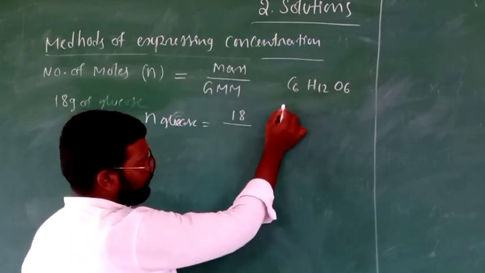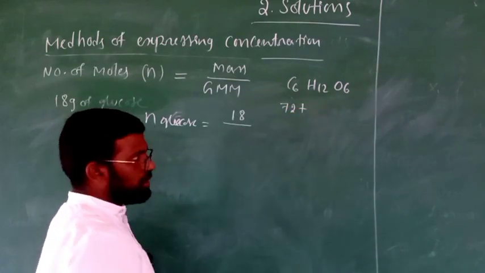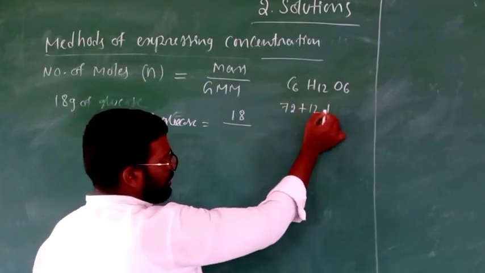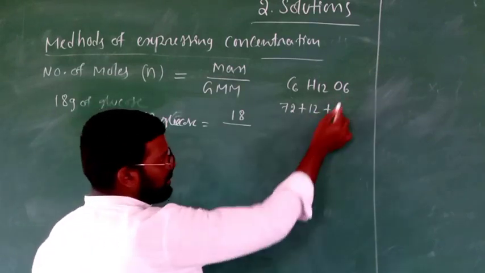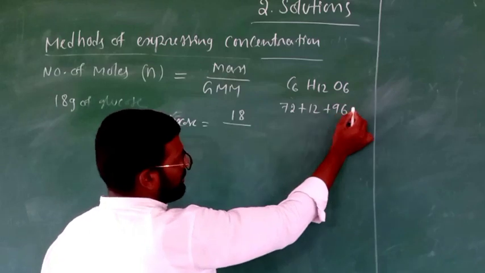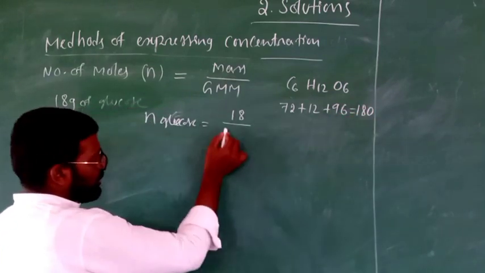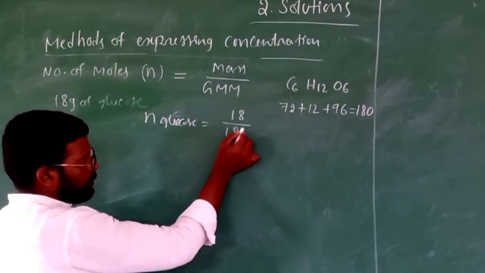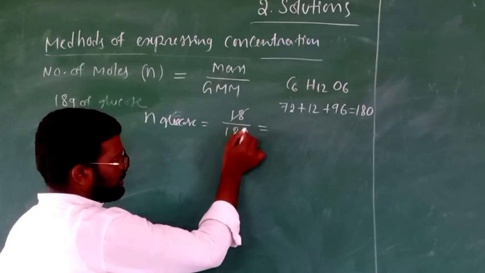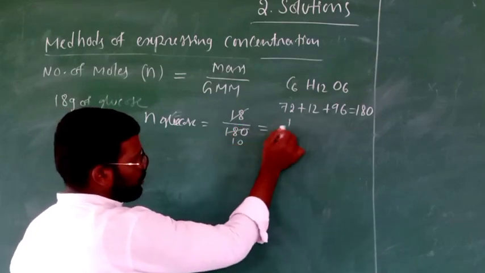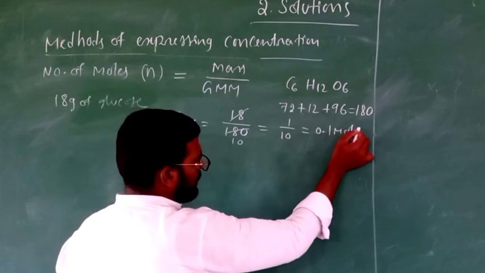12 sixes are 72, plus hydrogen atomic mass 1, 12 ones are 12. Oxygen atomic mass 16, 16 sixes are 96. So altogether it is 180. So the molecular mass, gram molar mass of glucose, is 180. 18 by 180, that is 1 by 10, which is equal to 0.1 mole.